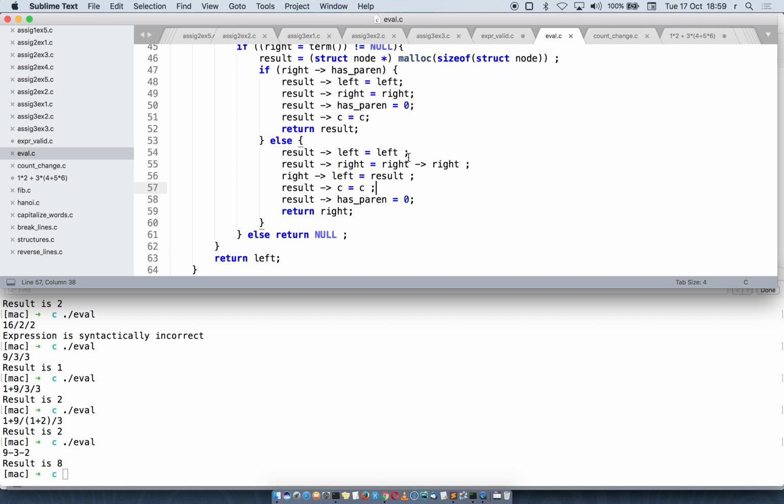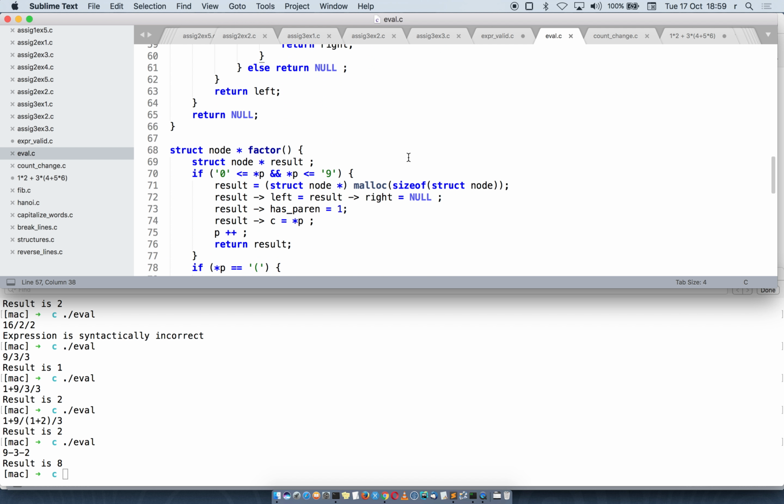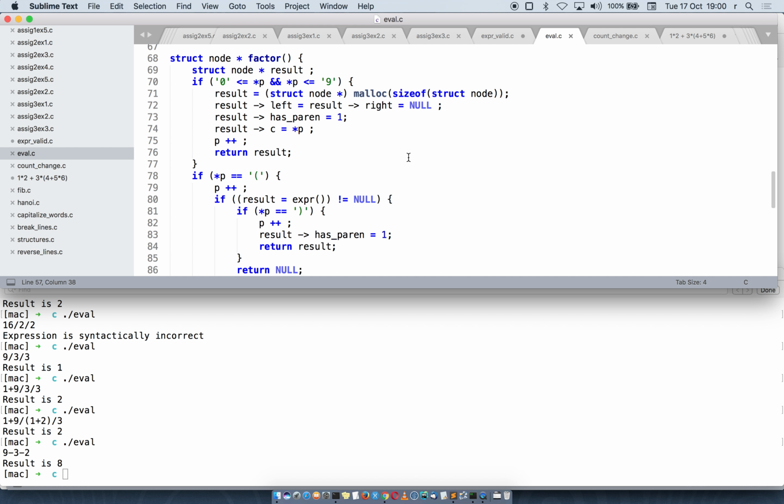All right. So there's indeed a trick that I played here. So has parentheses, I marked this with 1, right? So maybe the name has parentheses is not quite the right name. I should have said needs rotation, right? So whenever we have the brackets, we don't need rotation. And whenever we have a single number, we don't need rotation, right?